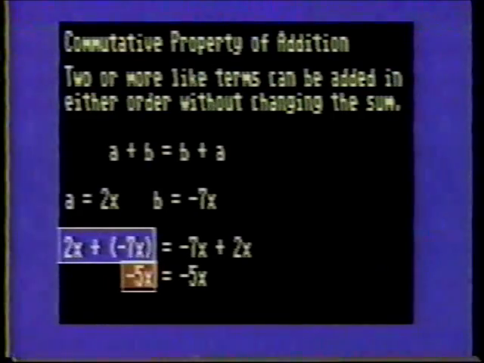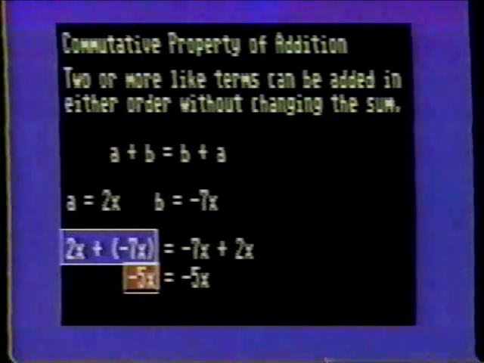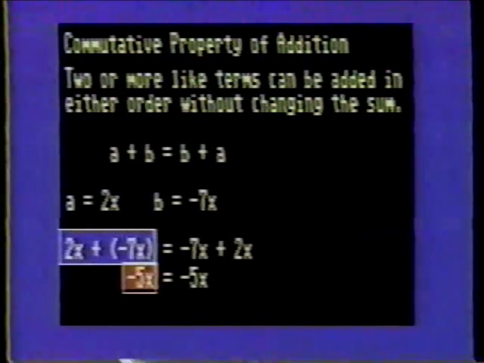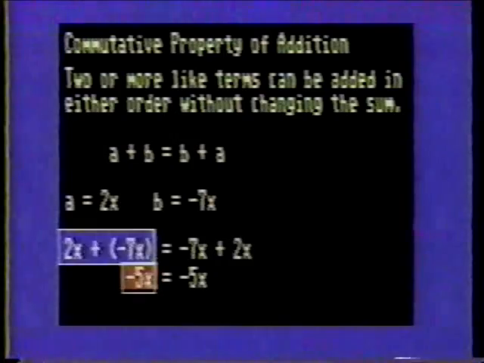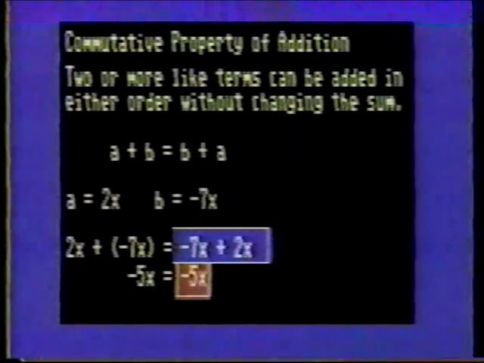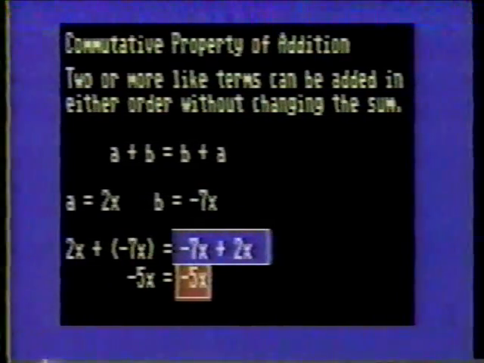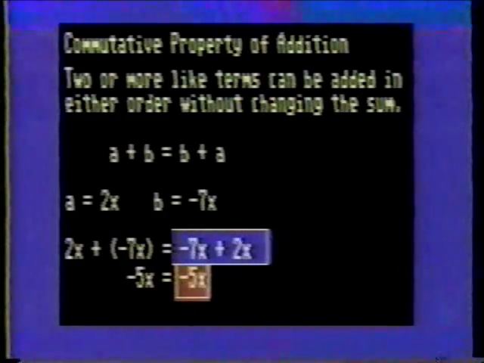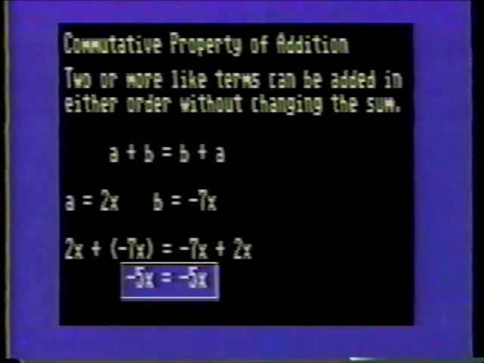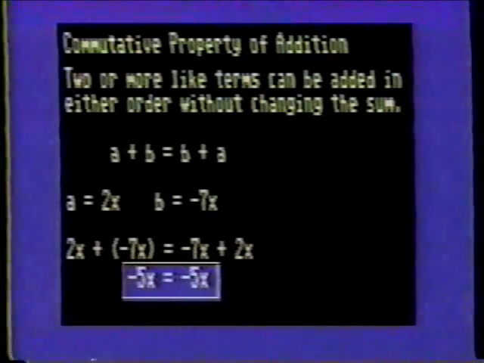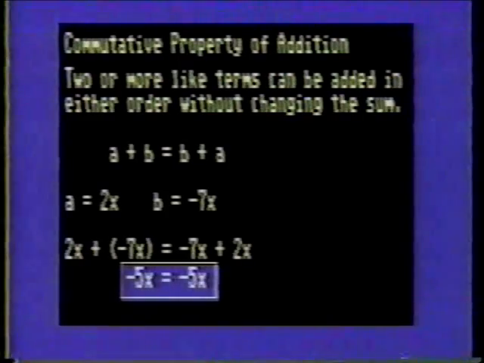A plus B becomes 2x plus negative 7x, which is negative 5x. And B plus A becomes negative 7x plus 2x, which is also negative 5x. Negative 5x equals negative 5x.